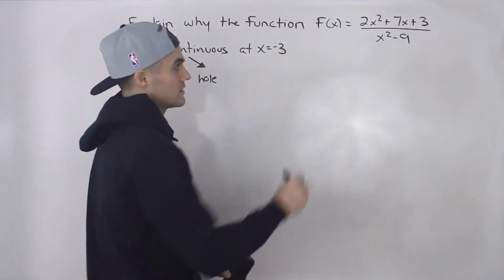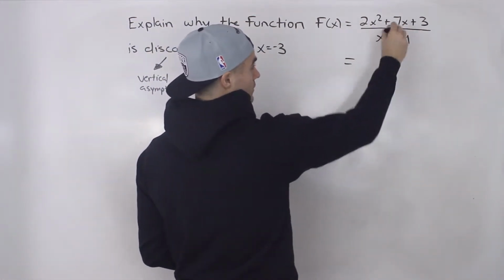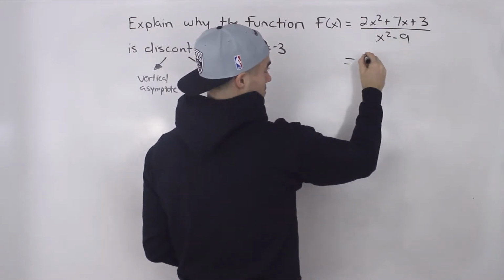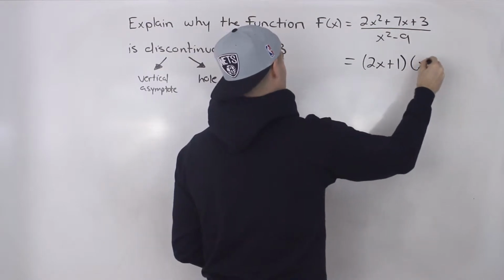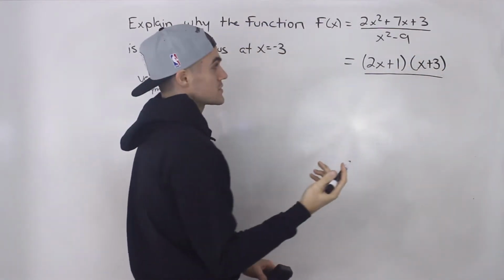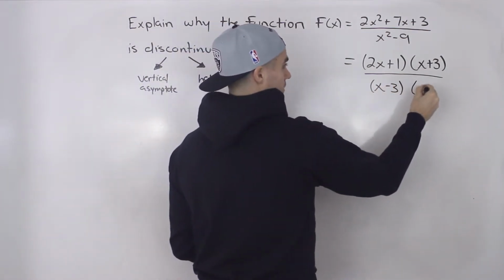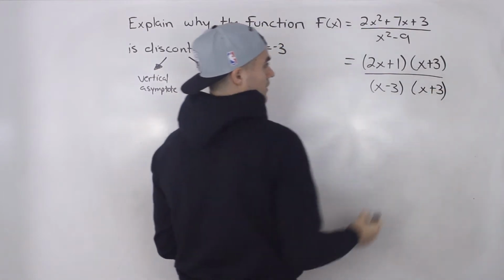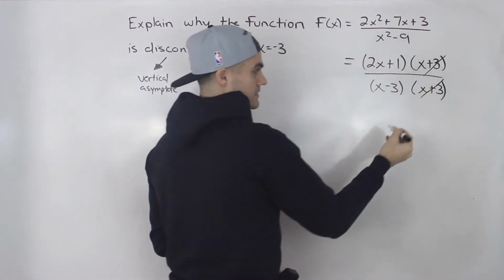And the way you do that is you want to factor this first. You want to see if anything is going to cancel out. So if we factor the top, 2x squared plus 7x plus 3, that would factor into 2x plus 1, x plus 3. And then x squared minus 9, notice that's a difference of squares. So we'll have x minus 3 and then x plus 3. So notice that the x plus 3's are canceling out.